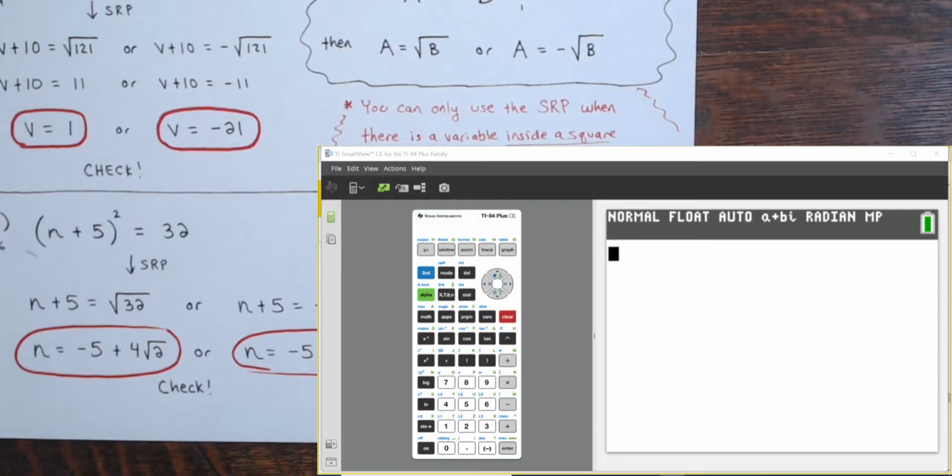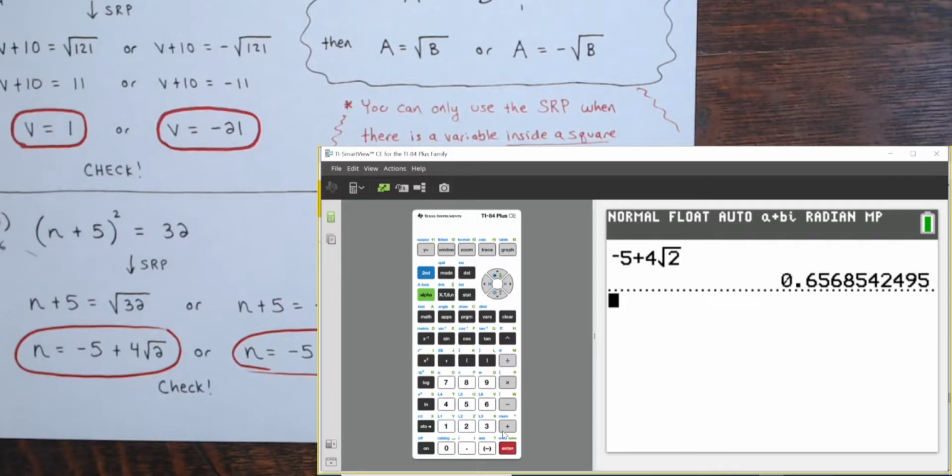What I'm going to do is something that you can really only do on certain calculators, where you can take information and store it in a certain variable. So I'm going to enter my one solution here, negative 5 plus 4 times the square root of 2.